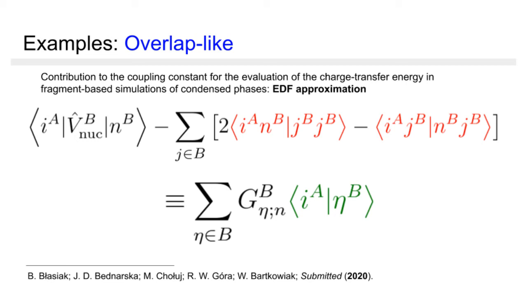This relatively costly operation, mainly due to the electron repulsion integrals, can be greatly simplified by using the OEP procedure. By using the extended density fitting method, a very inexpensive contraction of a constant matrix G and one-electron overlap integrals, shown in green, are produced.